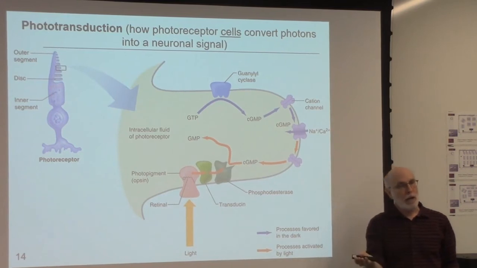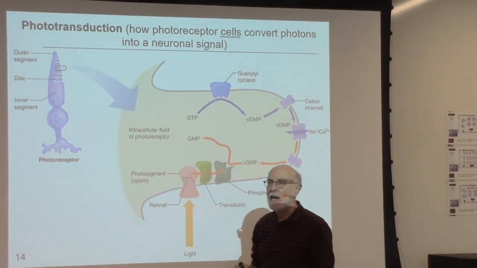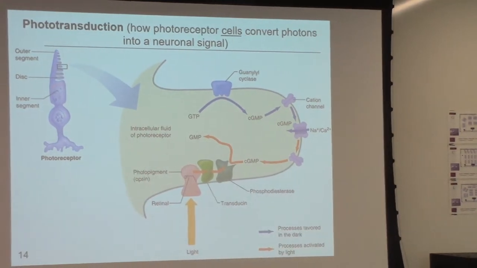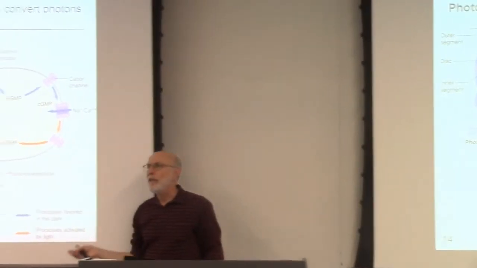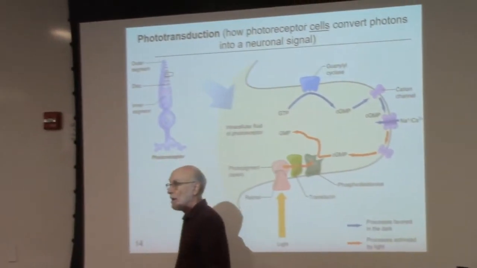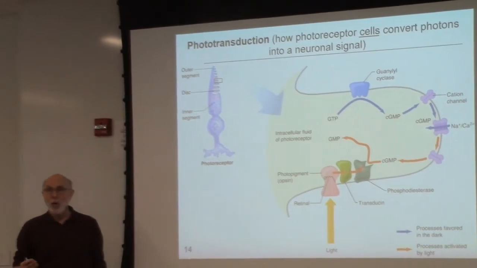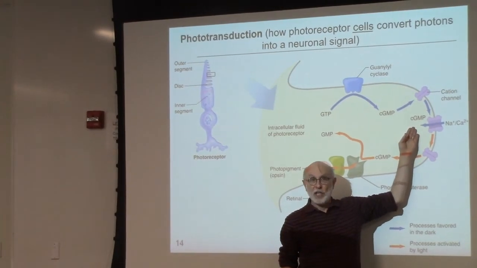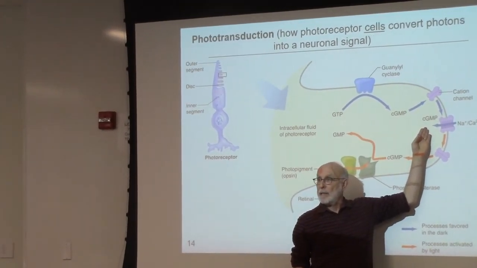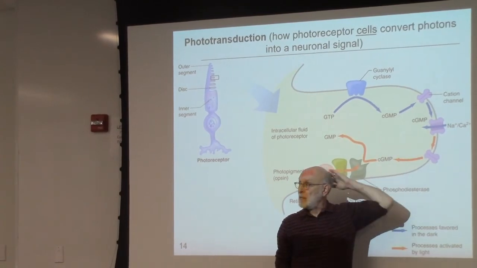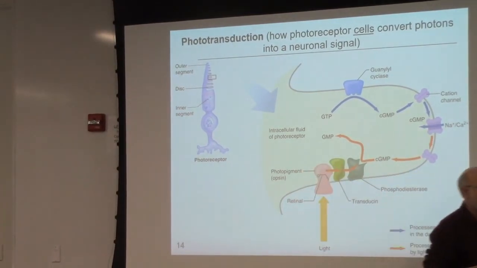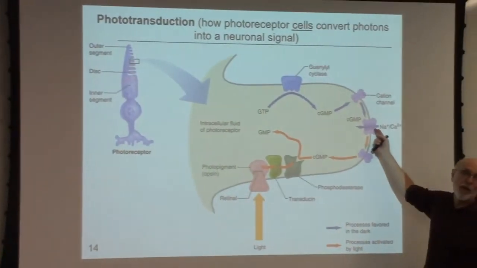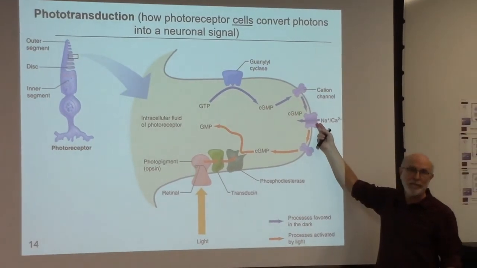So in the dark, do photoreceptor cells have a resting membrane potential that is hyperpolarized or depolarized relative to what you think of as a normal cell, even a normal neuron? Depolarized, because we have a lot of sodium influx through these cyclic nucleotide gated ion channels. So the rods and cones have a relatively depolarized resting membrane potential in the dark. And this is called the dark current by biophysicists, for obvious reasons.